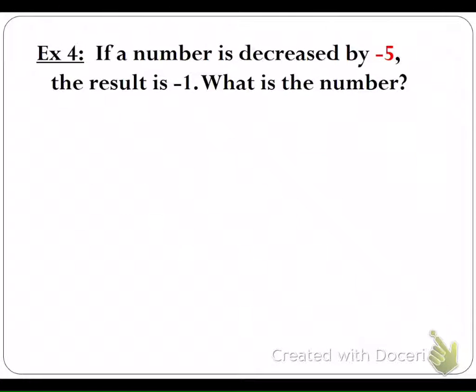All right, example 4. If a number is decreased by -5, the result is -1. What is the number? I am going to let n equal a number. And then let's read through it again. A number is decreased by.